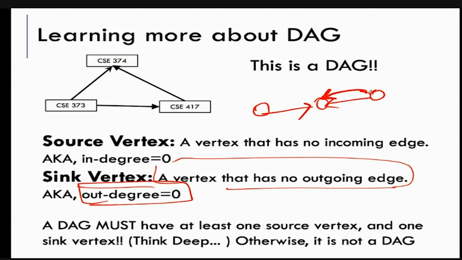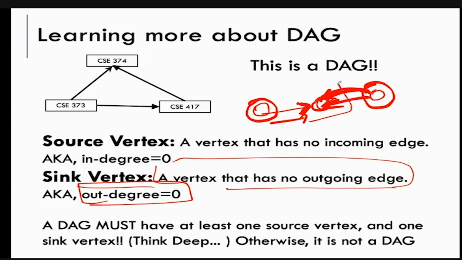So see, here we have one source vertex, and this is another source vertex because we have some outgoing edges here, but no incoming edge, right? So no incoming edge. This vertex has only incoming edges, but no outgoing edge, right?